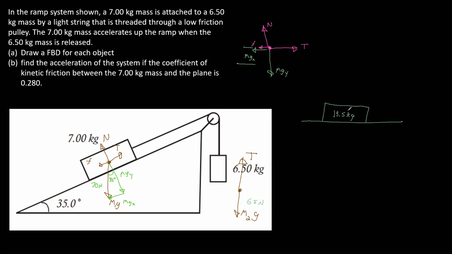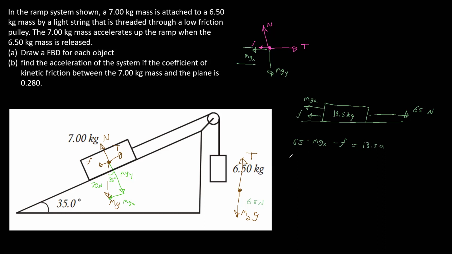Because that's 7 plus 6.5. I've got 65 newtons this way. Well, this way, I've got mgx and I've got friction. So if I try writing out this equation, it's 65 minus mgx minus friction equals my total mass times my acceleration. I got some stuff to find.